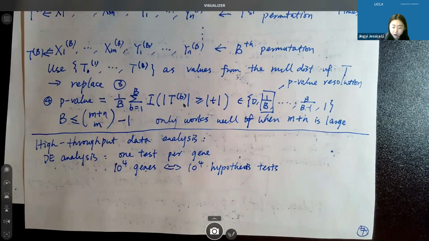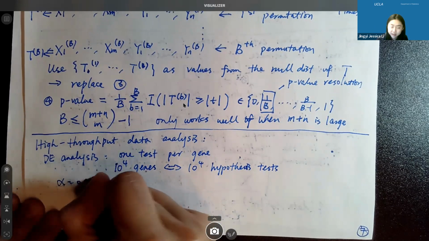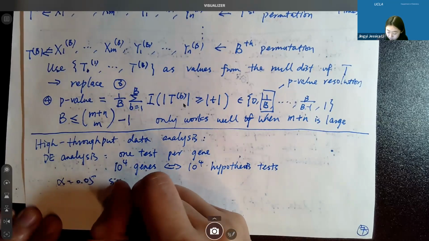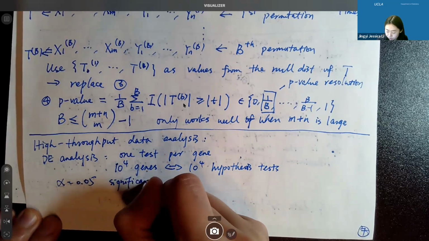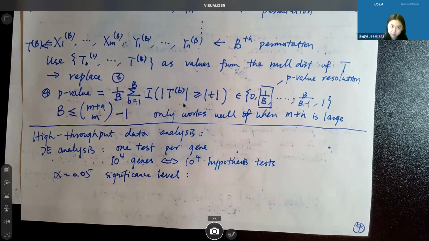Okay, so think about the significance level alpha equals 0.05. Think about this. We use it as a criterion for calling rejection. What does it mean?